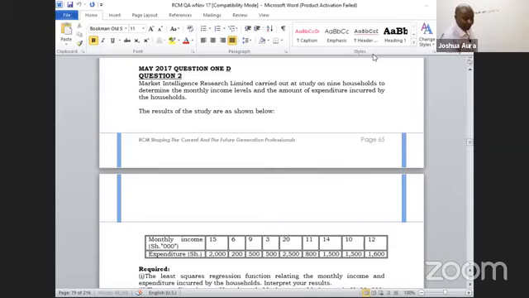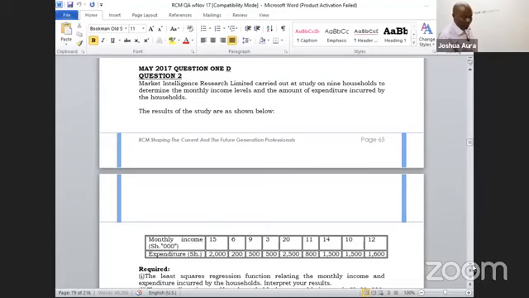that Market Intelligence Research Limited carried out a study on 9 households to determine the monthly income levels and the amount of expenditure incurred by the households. The results of the study are as shown below. So they have given us monthly income versus the expenditure.